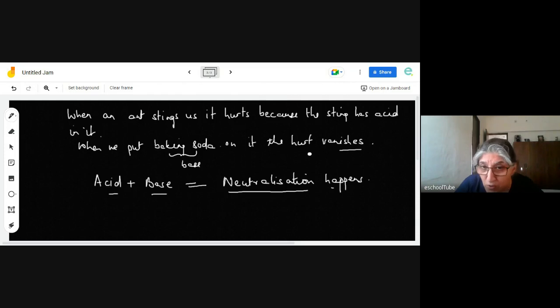So this is called the neutralization reaction. And they give rise to a salt. Salts are made when acids and bases react with each other. Okay, so this is called a chemical reaction basically.